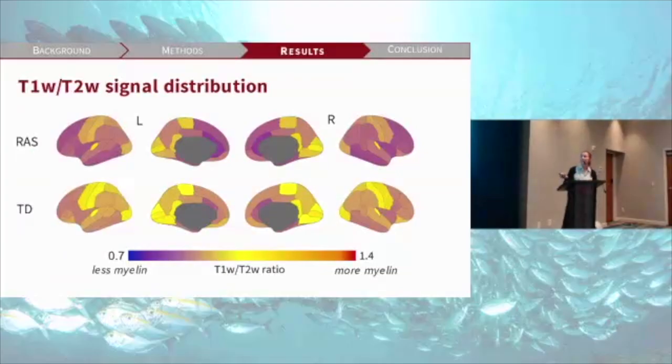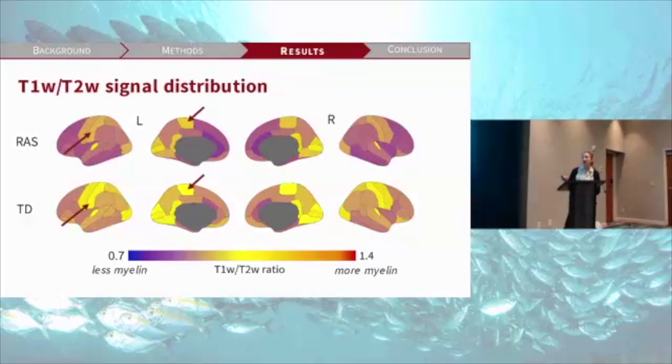Before getting to the more interesting results, in my opinion, I wanted to look at the average signal distribution. These are two representations of the average signal in the RASopathies group at the top and the average signal in the typically developing group at the bottom of the T1-T2 ratio across the brain.